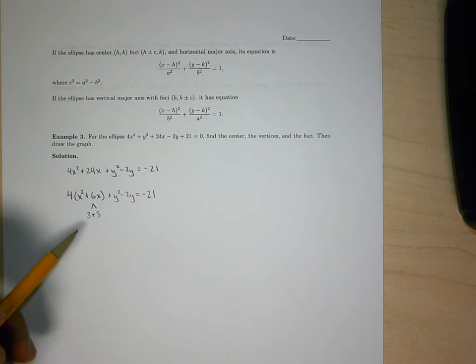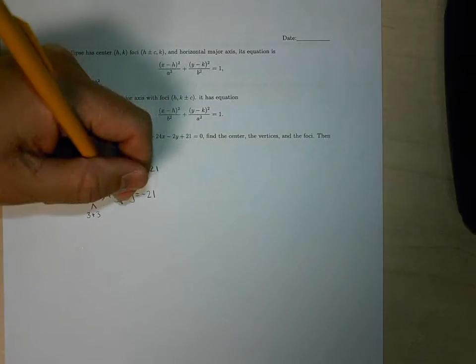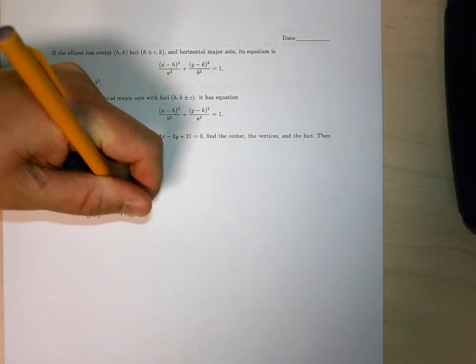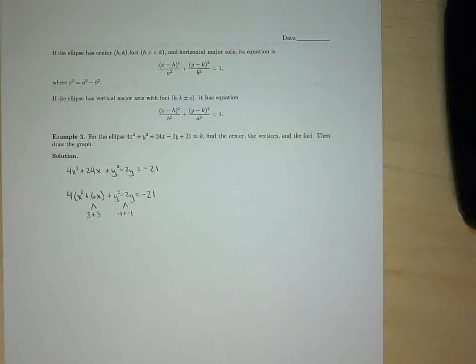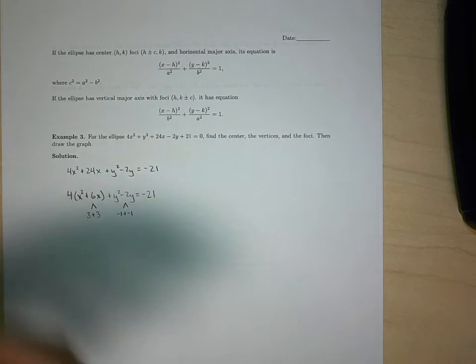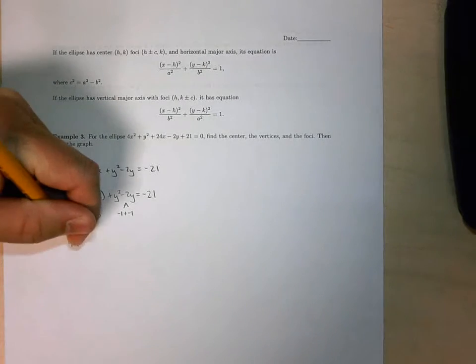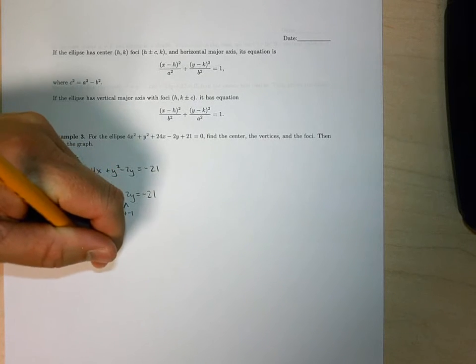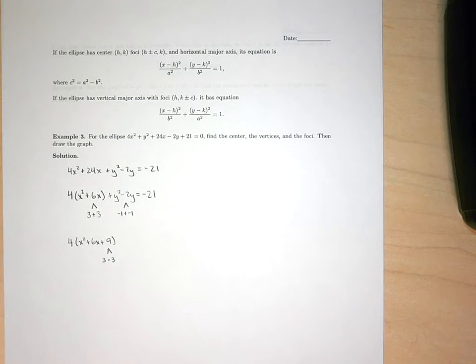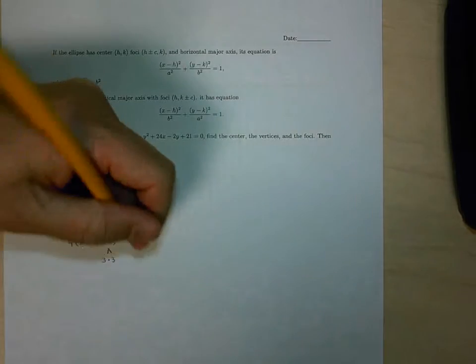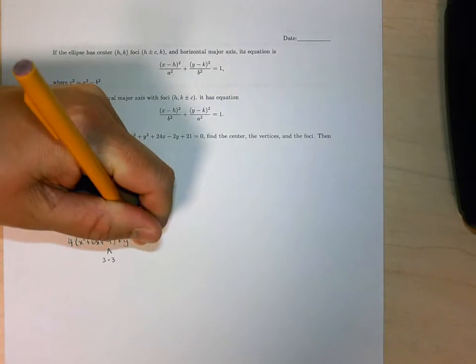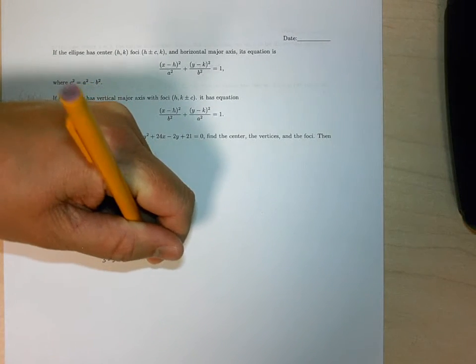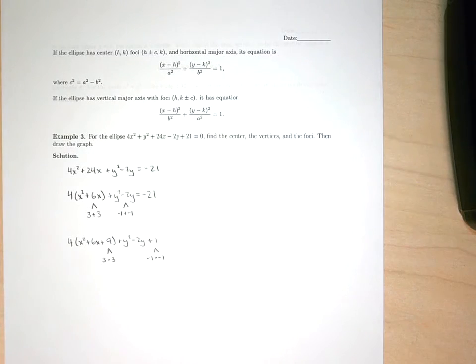Like 6 is 3 plus 3, and negative 2 is negative 1 plus negative 1. Then the square becomes completed when we add the product of those numbers. In other words, I'm going to put x squared plus 6x plus 9 here, because 9 is 3 times 3. I'm going to put y squared minus 2y plus 1 here, because negative 1 times negative 1 is 1.